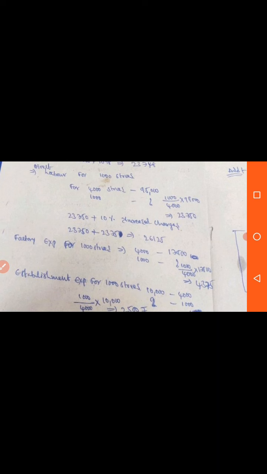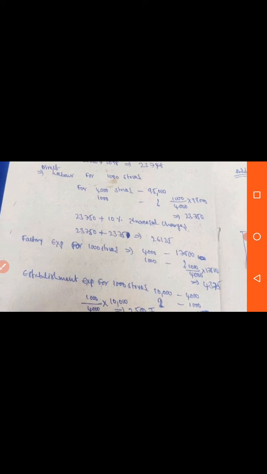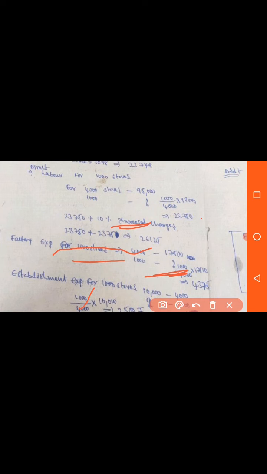Next, factory expenses and establishment expenses. Factory expenses for 4,000 stoves total 17,500, already given in our textbook. For production of 1,000 stoves, how much? 1000 by 4000 multiplied by 17,500 equals 4,375. So new factory expenses for production of 1000 units are 4,375.